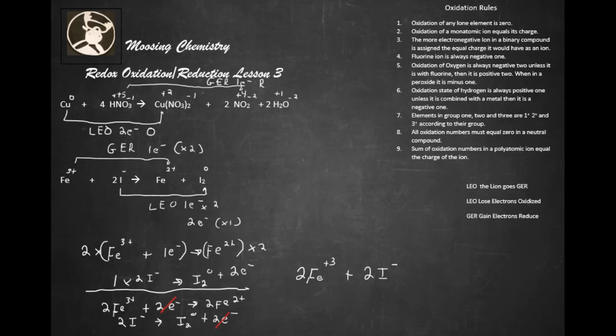As you see, they're on the same side of the equation over here. Yields 2 Fe 2 plus plus I2. And you can see that everything is balanced.